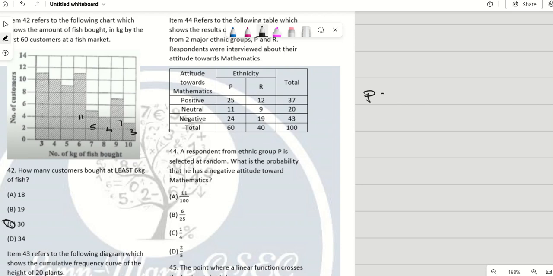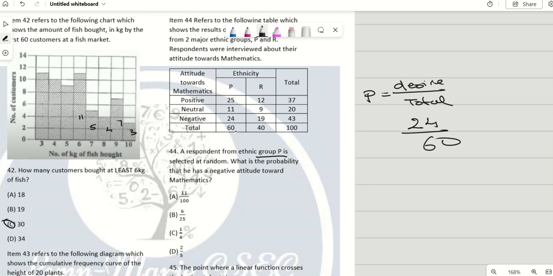We know probability is desired over your total. But we would not use the total in the entire data we see here, because we're only talking about ethnic group P here. It would be the desired divided by the total in P. So the desired, negative attitude towards mathematics, is 24 over 60. Right?